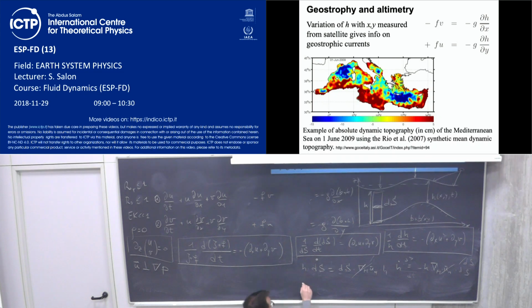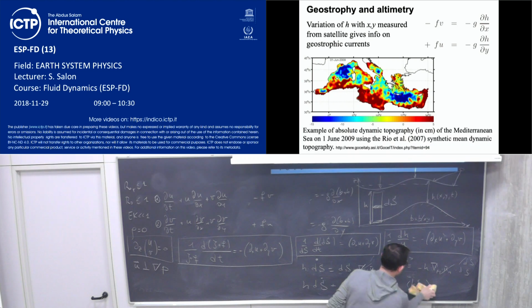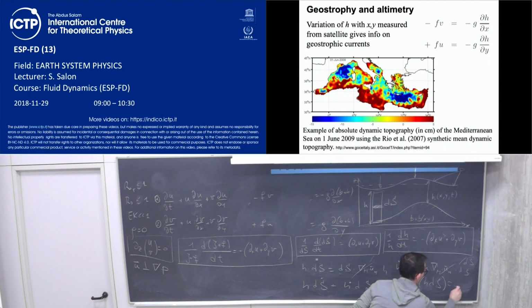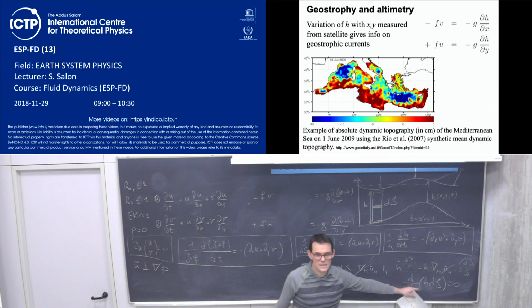And I will obtain h times the ds derivative plus the h derivative multiplied by ds, which is equal to 0. Which means that the derivative d/dt of h ds is equal to 0. So this means that the volume is conserved.